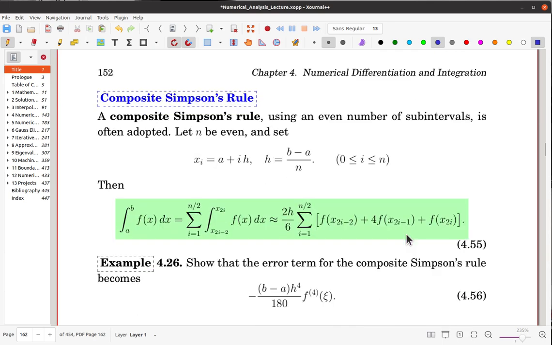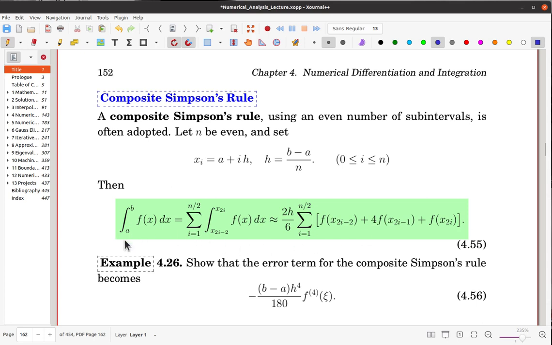Now, Simpson's rule can be applied to each pair of subintervals. Once the interval a to b is partitioned into an even number of subintervals, we can apply the elementary Simpson's rule on each two subintervals.